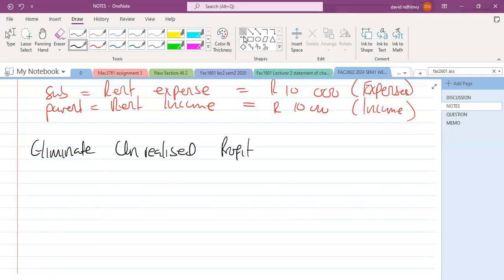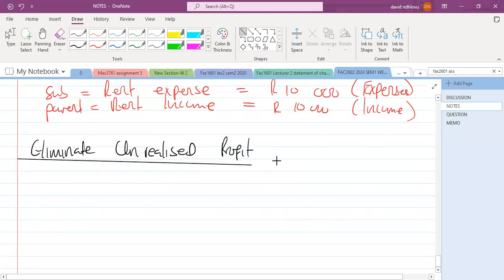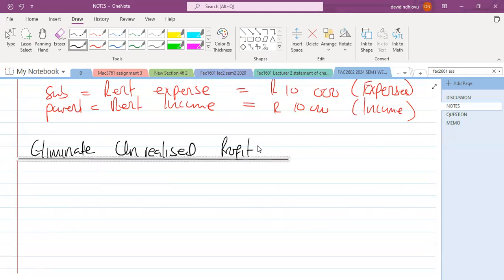Right, it is quite possible that when these entities enter into transactions, they don't enter into transactions without economic substance. In other words, when the parent is selling to the subsidiary, they may charge them a markup and vice versa, so that one entity then earns profit within the group.